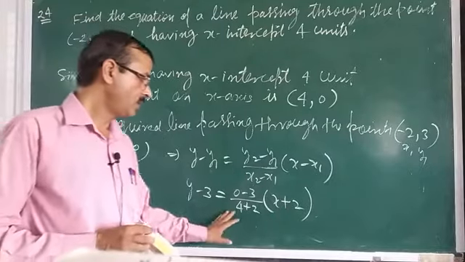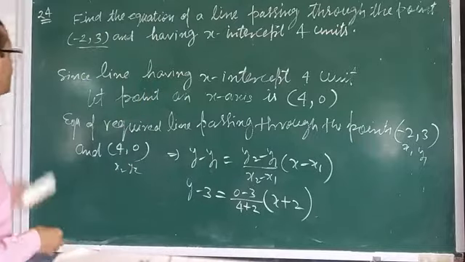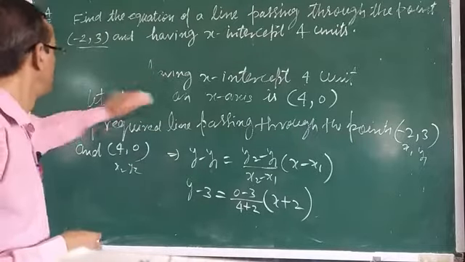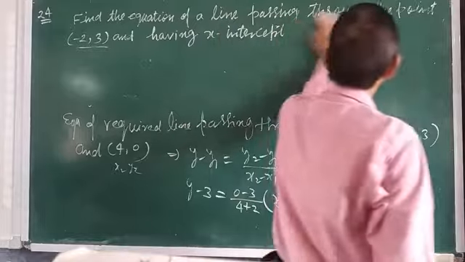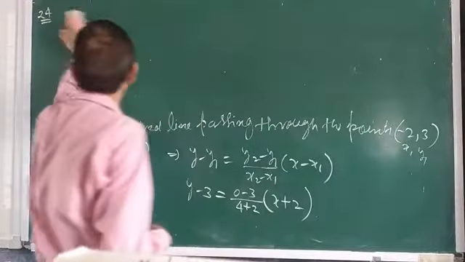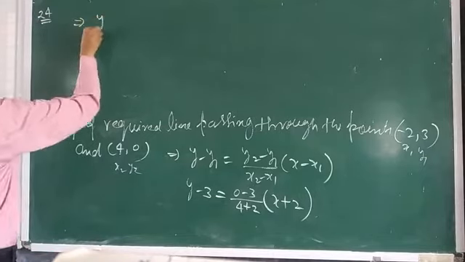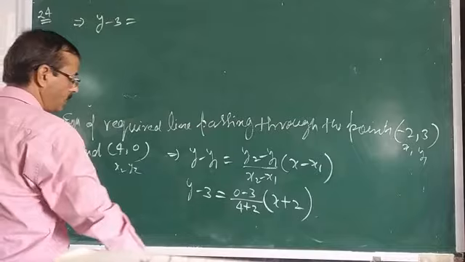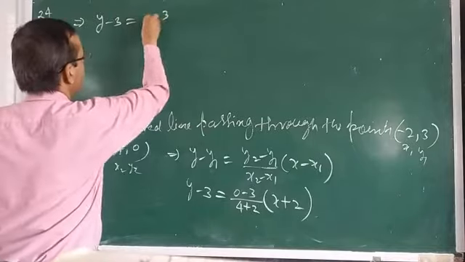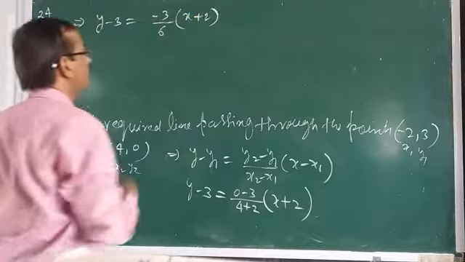Now what you have to do, simplify it. What will you get? The equation of the straight line: y minus 3 is equal to minus 3 upon 6 times (x plus 2).